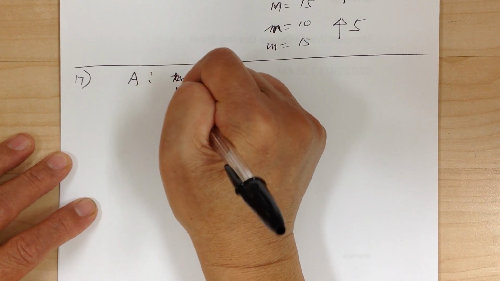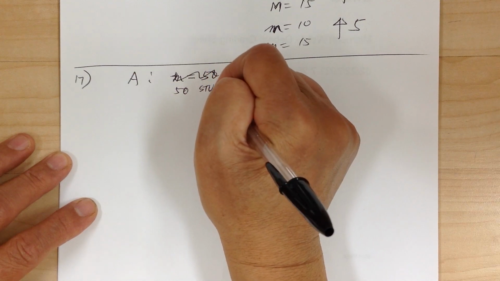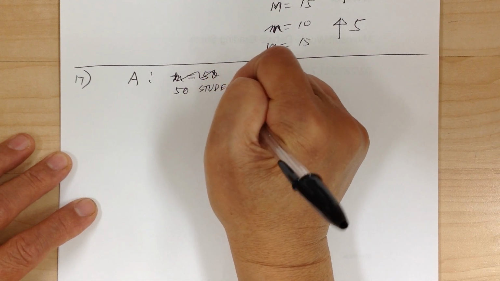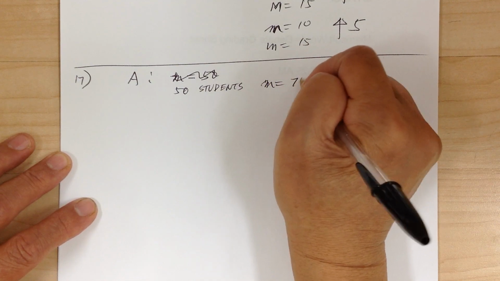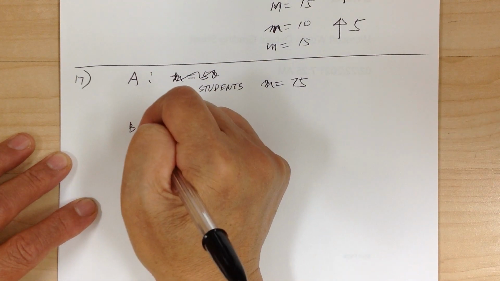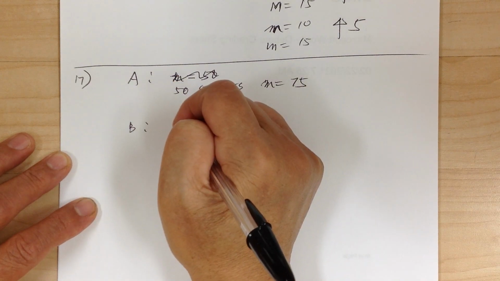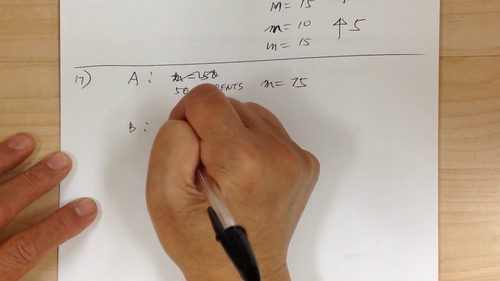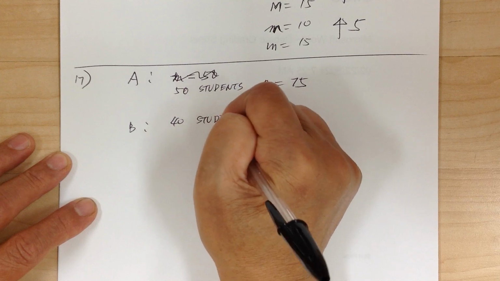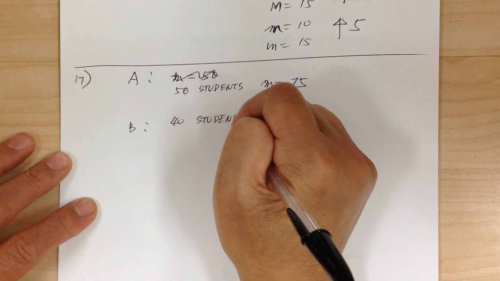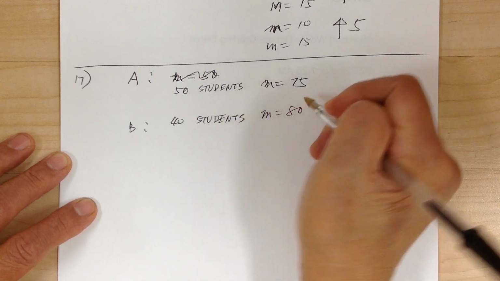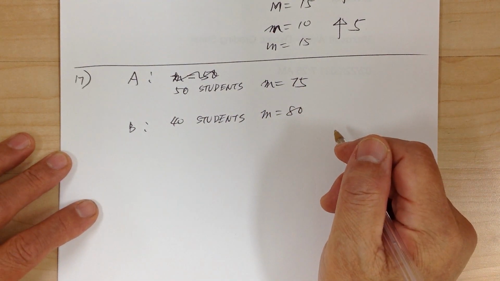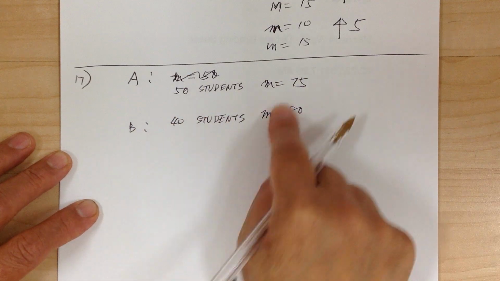So you have 50 students and a mean equal to 75. For school B, there are 40 students and the mean is equal to 80. So what is the mean score of all the students?